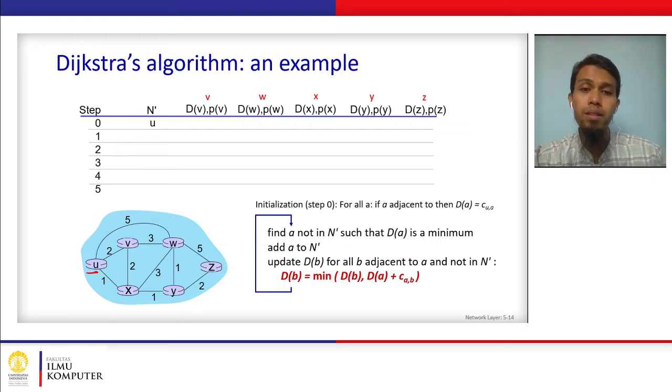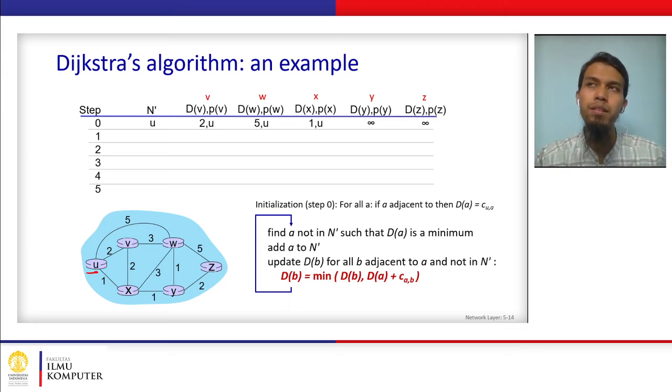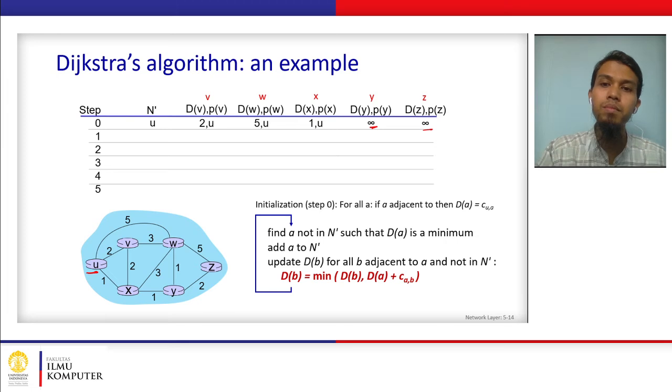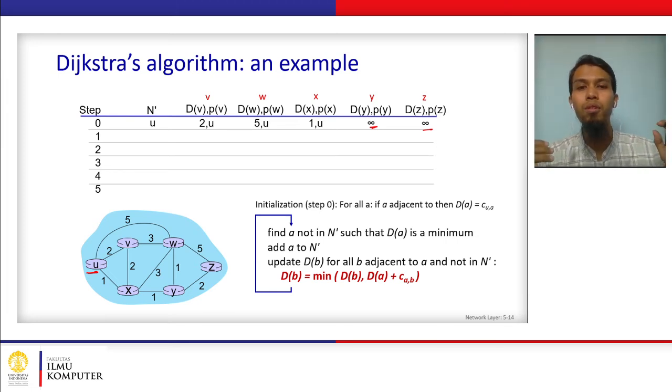First, the initialization step: because node u has direct links to v, x, and w, we can already assign the temporary least cost path from u to v, w, and x, because they have direct link cost. But for y and z, because we don't have any direct link from u to y and z, this is infinite.